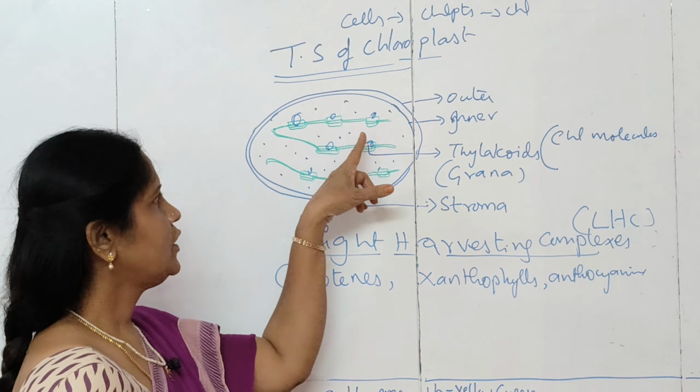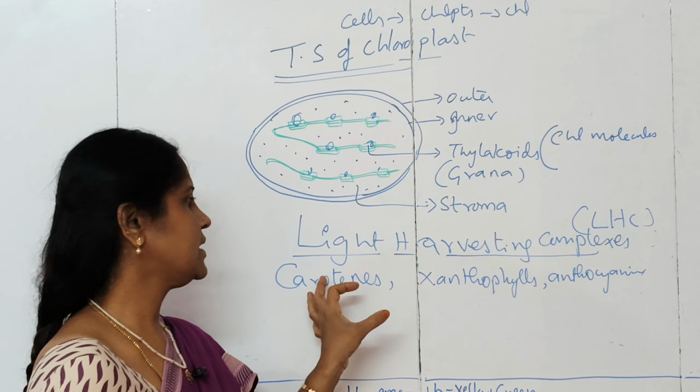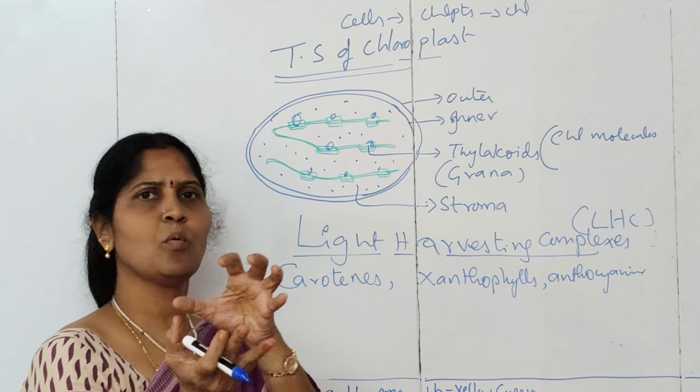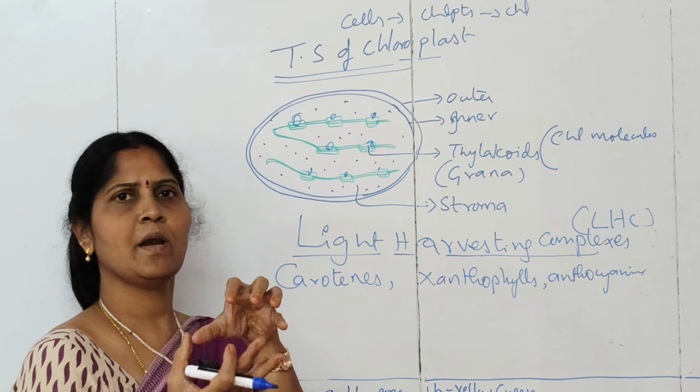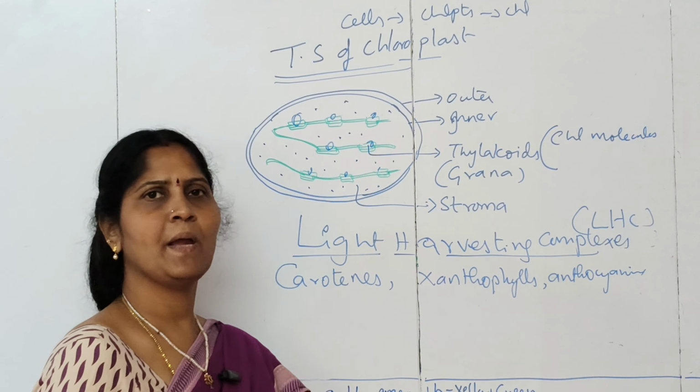So did you follow? The chlorophyll molecules are not alone. They are present along with carotenes, xanthophylls and anthocyanins as a group of 250 to 400 pigment molecules on the thylakoids, helping in trapping light.